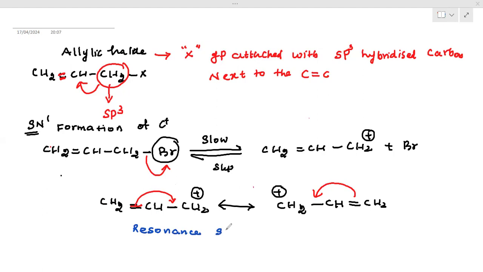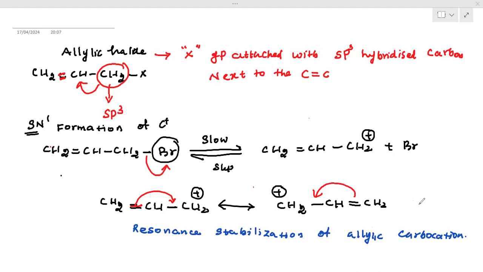resonance stabilization of allylic carbocation. This method is the reason the allylic carbocation is stabilized. So what will happen in the next step automatically?